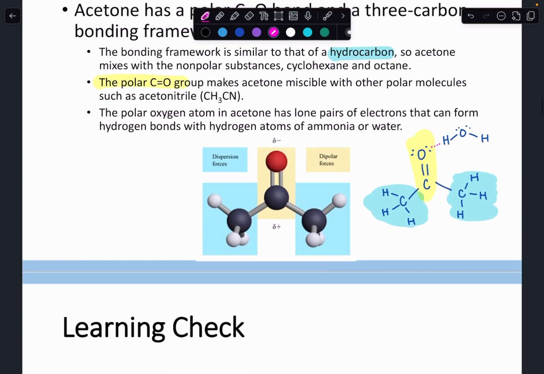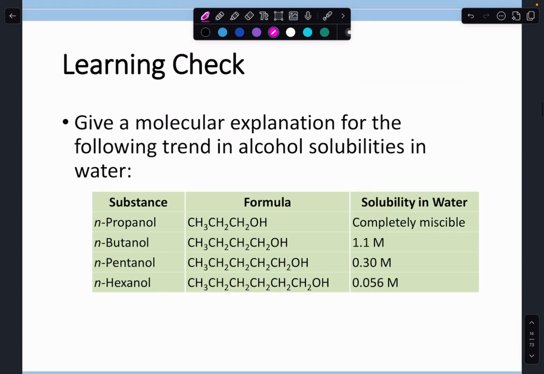Okay, so let's look at this learning check. We'll give an explanation for the following trend in alcohol solubilities in water. So these are all alcohols. They all have a certain number of carbon atoms, but they all also have an OH group. So I'll just draw propanol here.